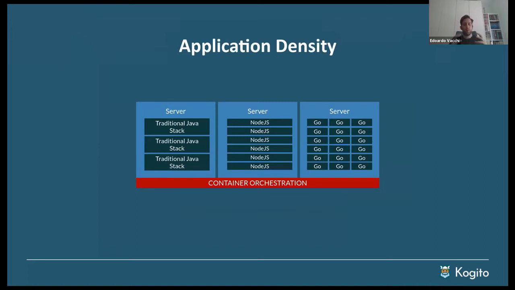Now, in particular, we talk about application density. What does this mean? So, when you have some server, the server may be large or maybe small, but there's a finite amount of space that you can use to host your applications.